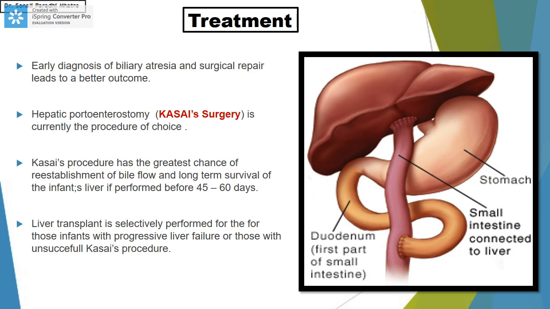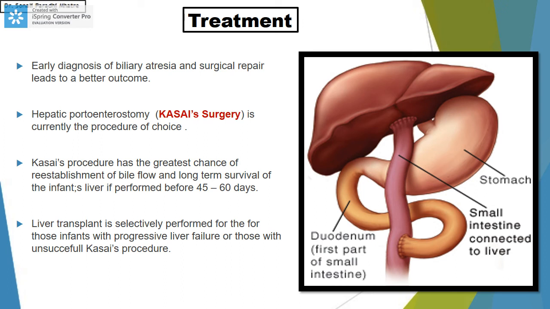So how do we treat biliary atresia after we have diagnosed it? Early diagnosis of biliary atresia and surgical repair lead to a better outcome. The surgical modality is Kasai's surgery, which is hepatic portoenterostomy. Kasai's procedure has the greatest chance of re-establishment of bile flow and long-term survival in infants.